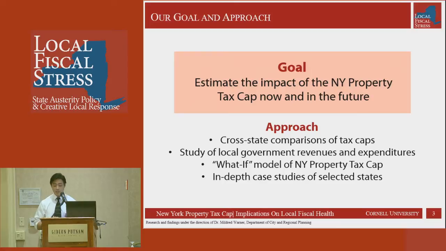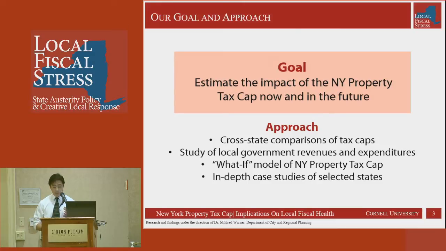So our goal throughout the entire process was to best estimate the impact of New York property tax cap now and in the future. And to do so, we approached the topic from multiple angles, applying both a quantitative and qualitative approach. First, we applied a cross-state comparison of tax and expenditure limitations. Then we studied the revenue structure of cities, counties, towns, and villages in New York State.